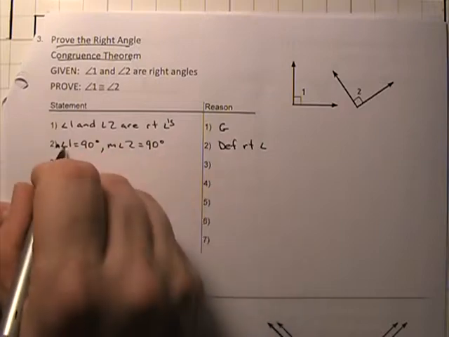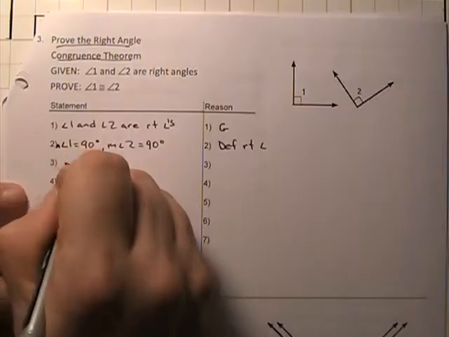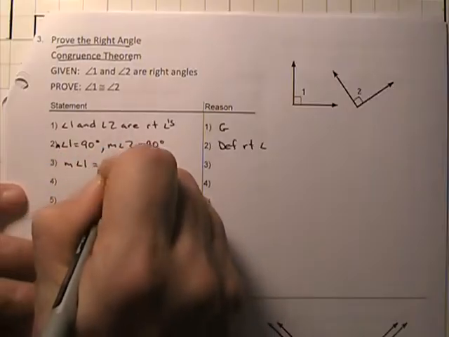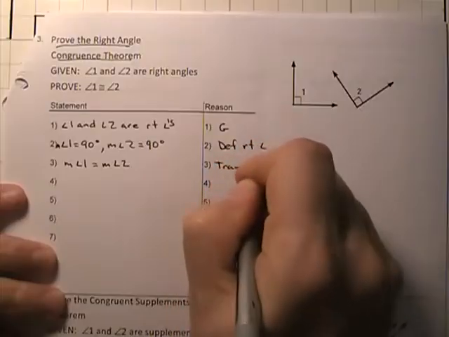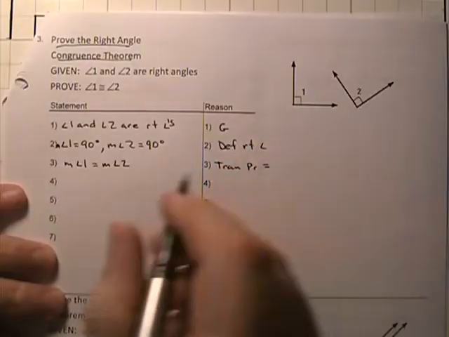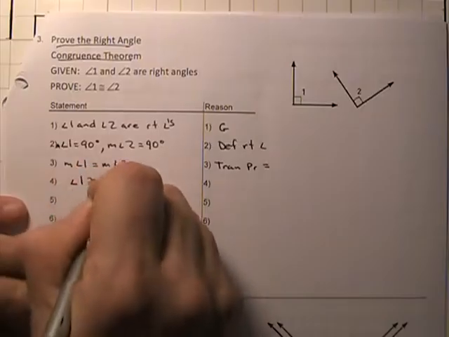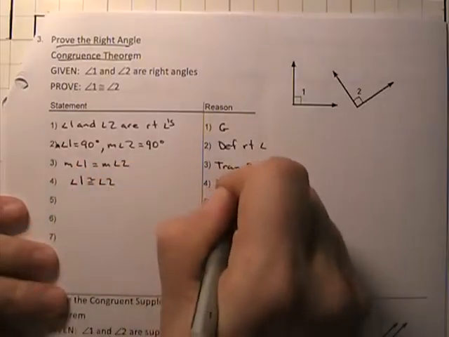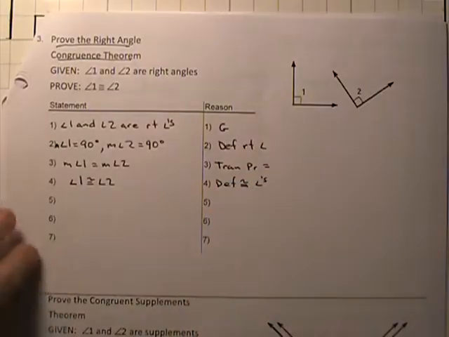And A equals B, B equals C, so the measure of angle 1 equals the measure of angle 2. Transitive property of equality, and since the measures are equal, the angles are congruent from the definition of congruent angles. So now we can use that property.